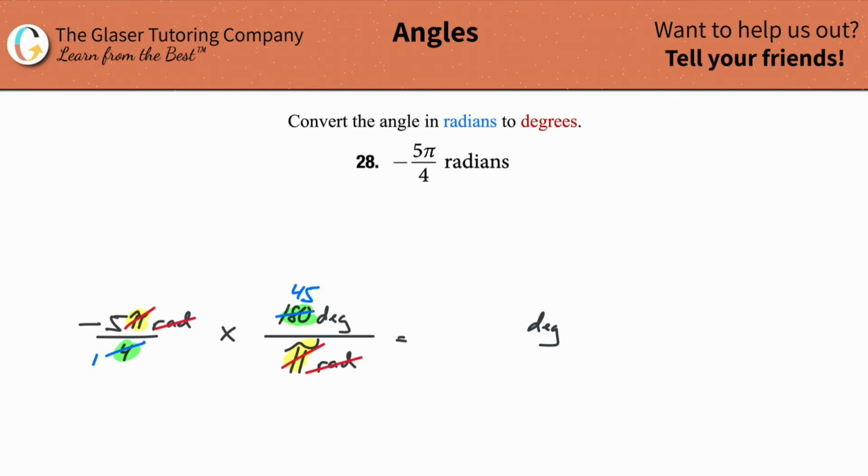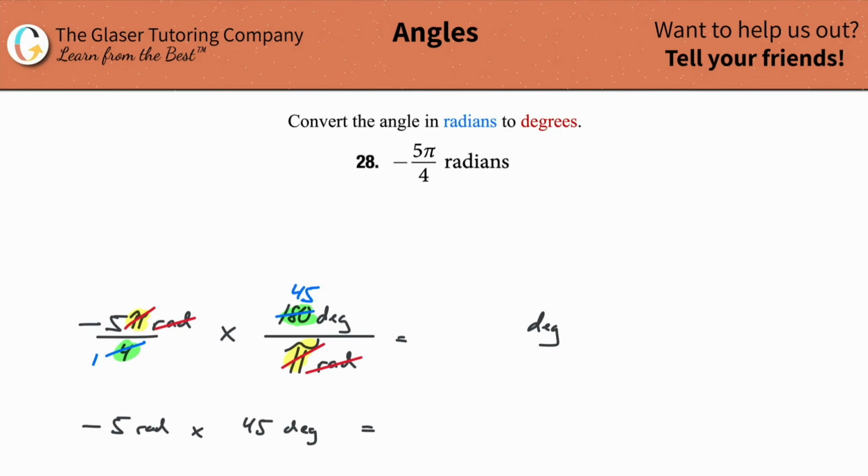So now all we need to do is multiply this out. We have nothing in the denominator, so that's fine. Everything canceled. All we have now is a negative 5 times 45. So this works out cleanly: negative 5 radians times 45 degrees will be equal to what?